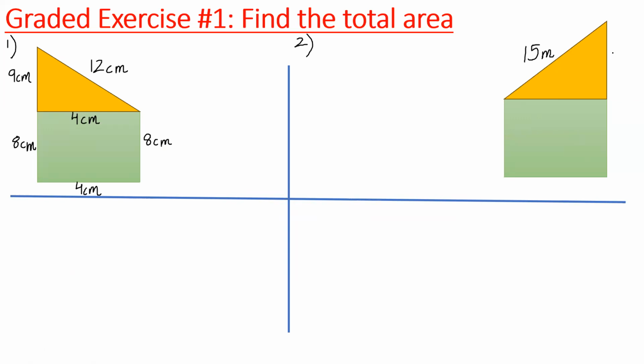Say that this is 10 meters. Let's say that this is 9 meters, 11 meters, 11 meters, and 9 meters. Okay, all right, good. So find the total area of that.